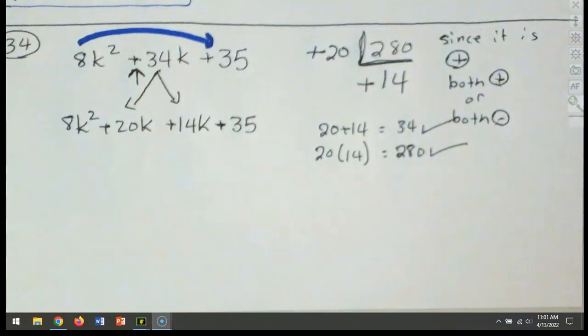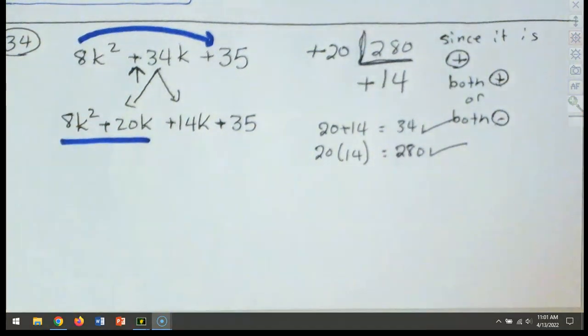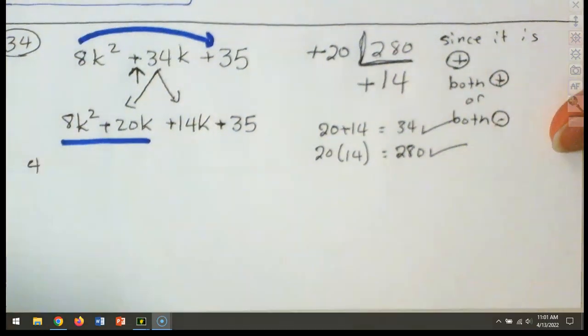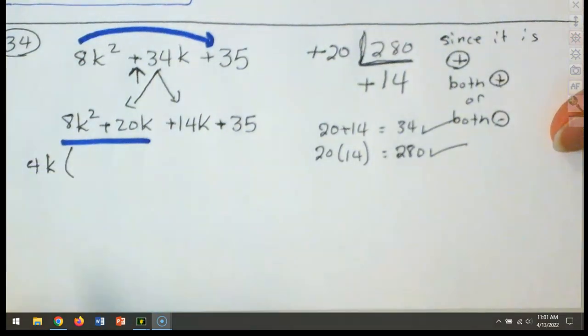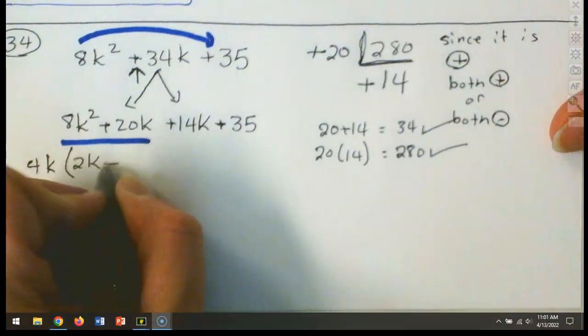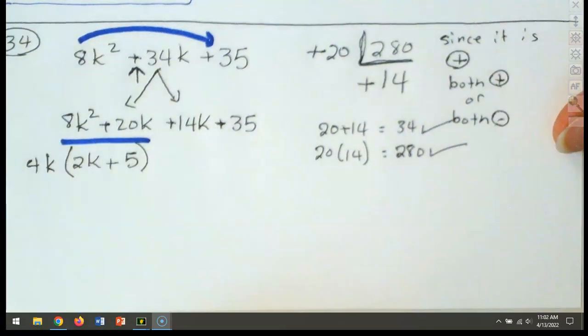Now we factor by grouping. First two pieces, what can I factor out? Can someone tell me? This way I'm not going too fast. What I've got underlined, what can come out of here? Okay, 4 and what else? 4 and a k. You take out a 4k, that leaves you with a 2k, and 20 divided by 4 is a 5.